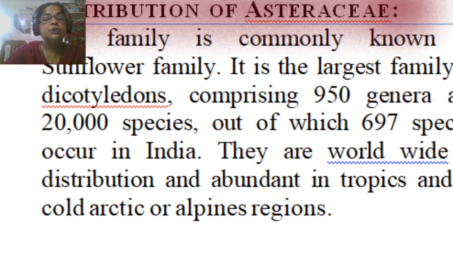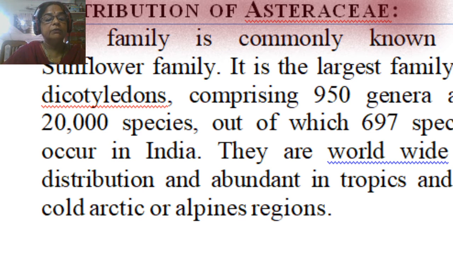Then the distribution of the family. The plants of this family are present everywhere, in all parts of the earth. This family has 950 genera and 20,000 species. In India, 697 species are present.